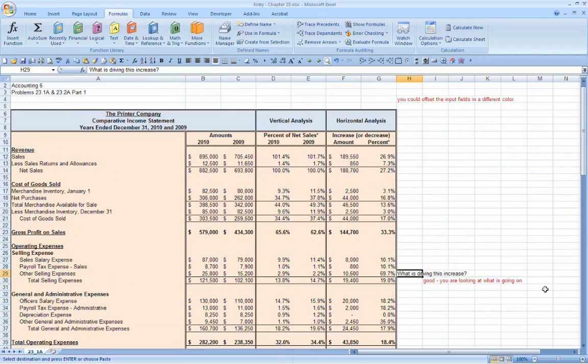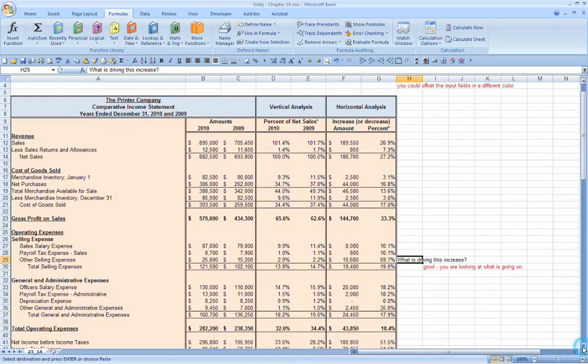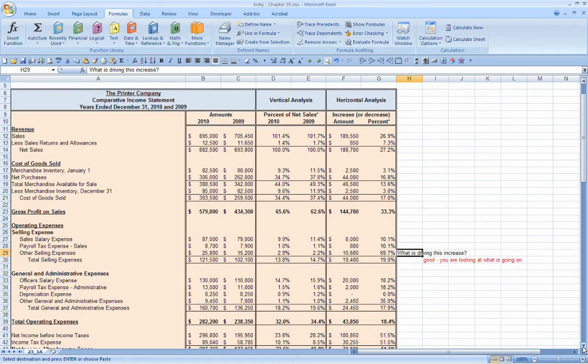Let me show you the really neat thing about this. It kind of brings together all of the other things we've learned in this class. If I click on D12, which is sales, D12 is a formula. I'm going to hit F2: equals ROUND(Sales_10 divided by Sales_10, 3).